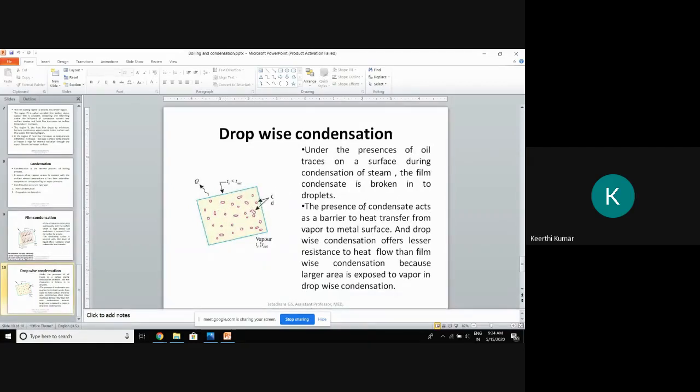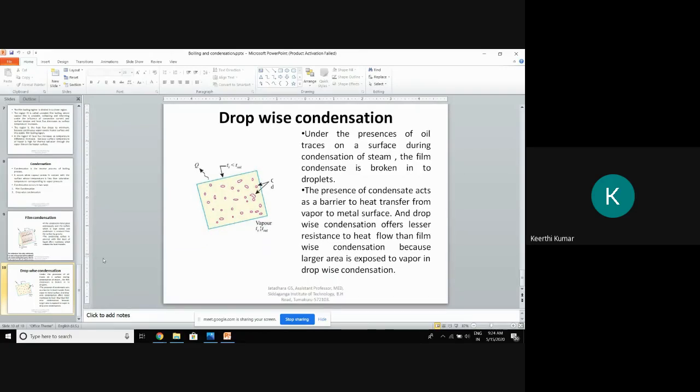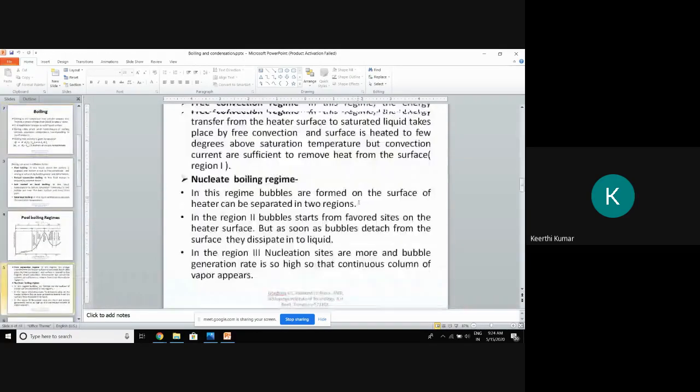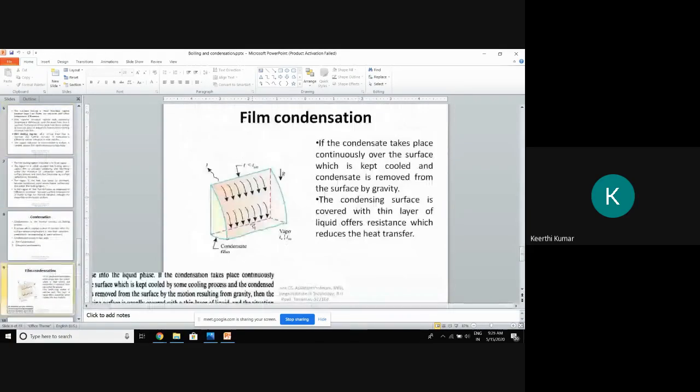Also, what is the difference between film-wise and drop-wise condensation? This is the theory he can ask. Along with this, one derivation is there based on film-wise condensation. That's all. Is it clear? Tomorrow I will go into detail on the theory of boiling and condensation. Then I'll go for the problems.